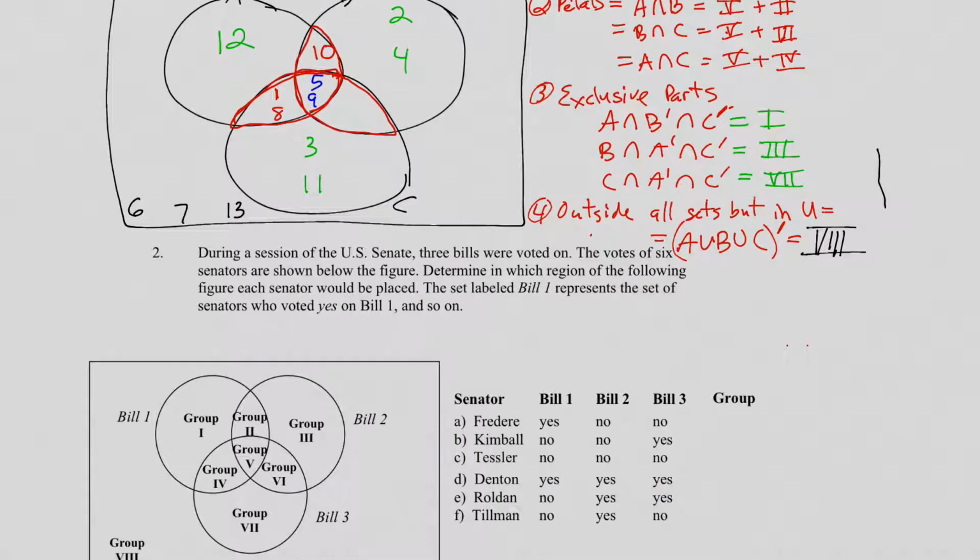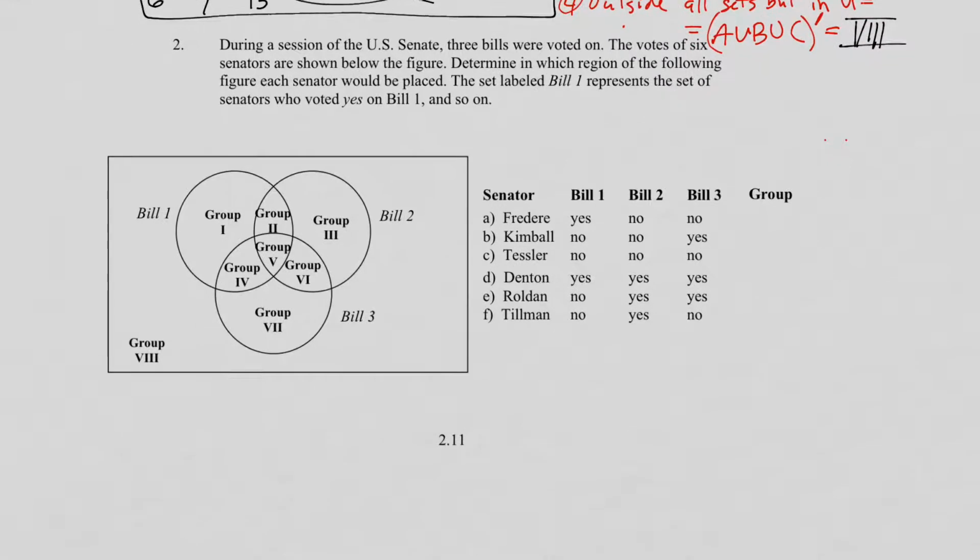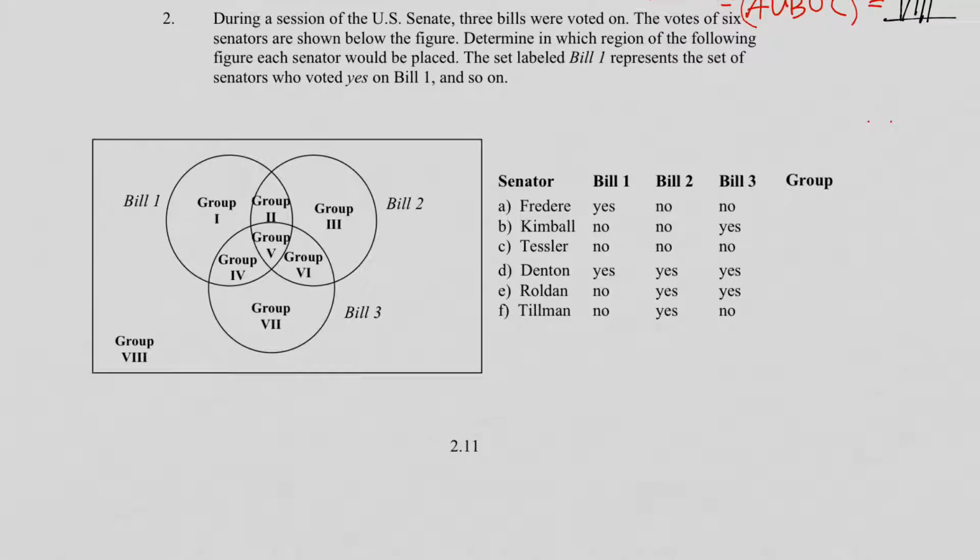Now we're going to do sort of an application question where it's a word problem, and we're just going to list the regions. We don't have to fill out the diagram, it's already kind of done. We just say, okay, what group are these senators going to be in if they voted yes for a certain bill?